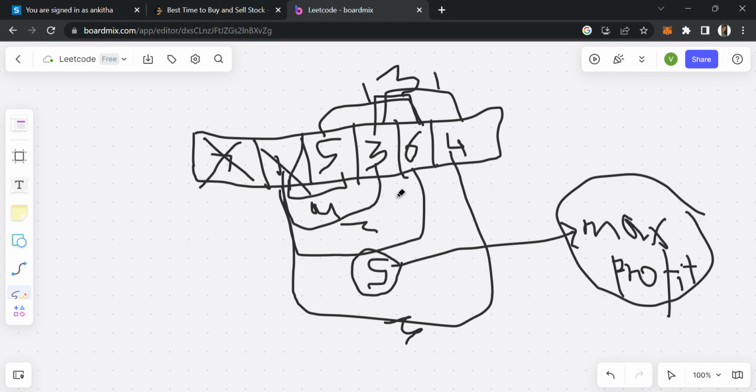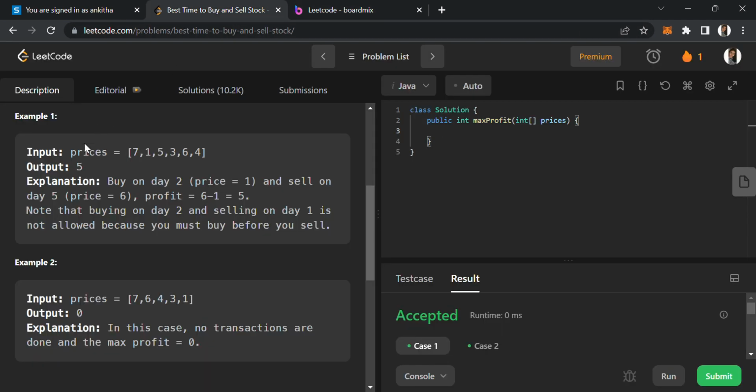At each iteration you will be comparing the difference between these two values with the maximum profit, and you check whether the difference is more or less. If the difference is more than the maximum profit which was initialized before, then you assign the difference value to the profit. So we'll code this here now.